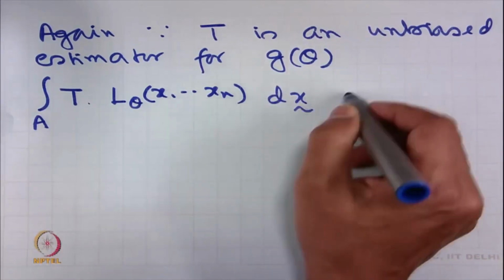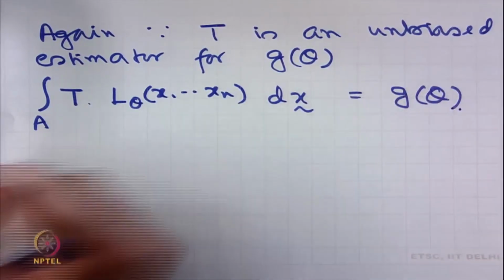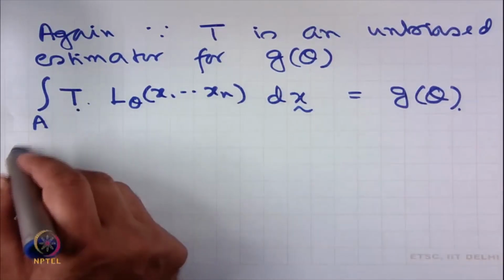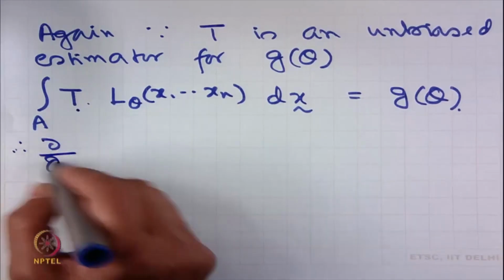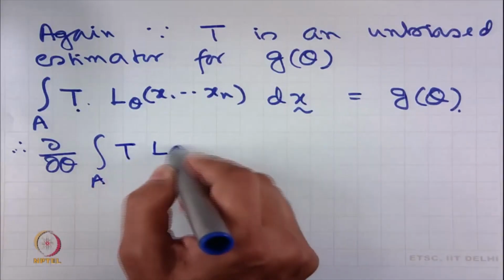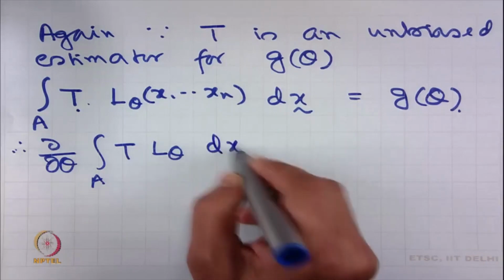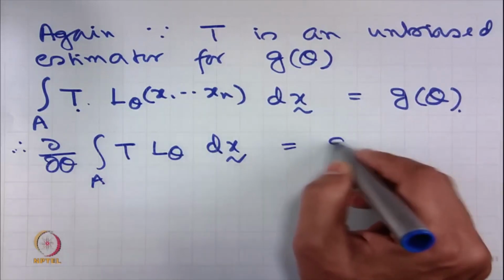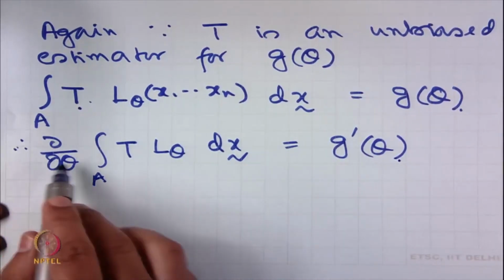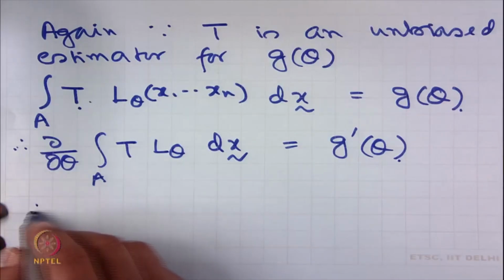Dx is equal to g theta, because that is the expectation of t. Now, differentiating it with respect to theta, we get, I am leaving out this. Now, by regularity condition, we can push it inside.